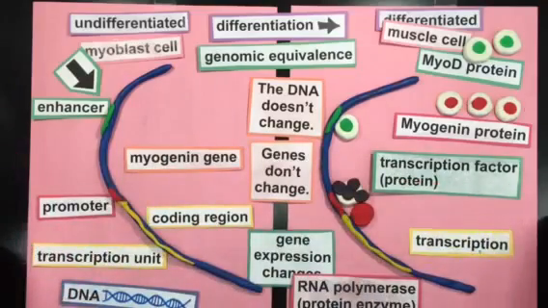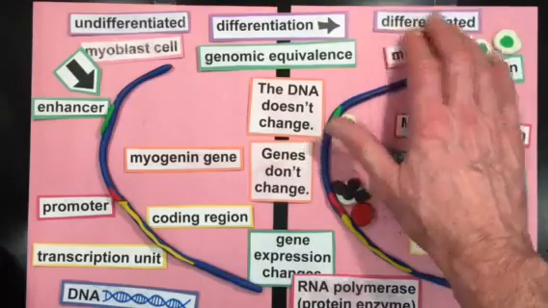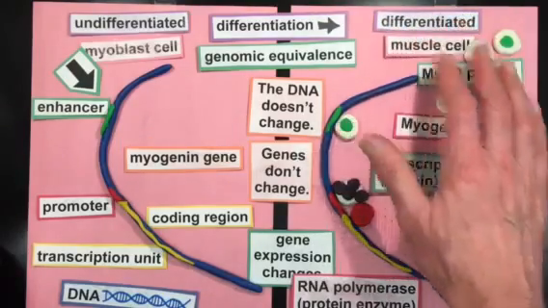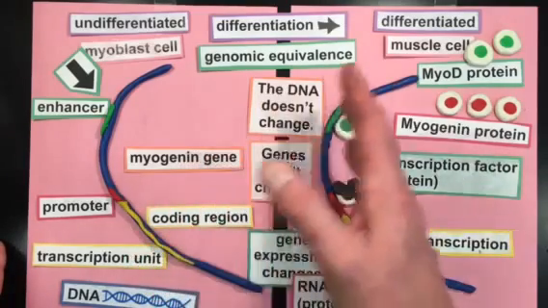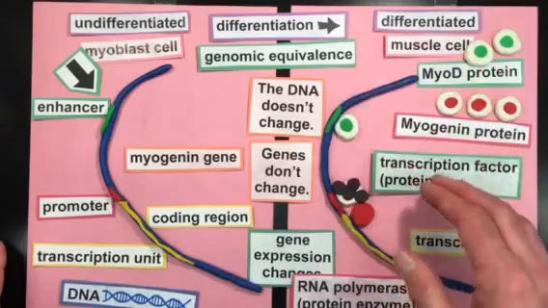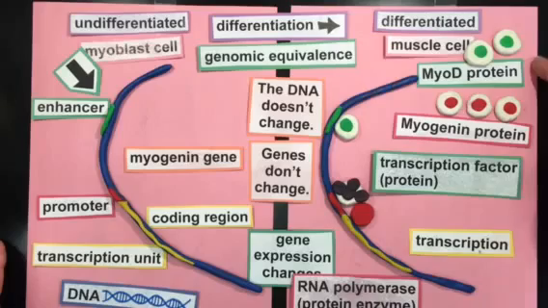In humans, there are about 2,000 different types of transcription factors, and different transcription factors are used in the differentiation of different types of cells, brain, kidney, skin, and so forth. In differentiation of muscle, several different transcription factors are essential, including MyoD and myogenin.